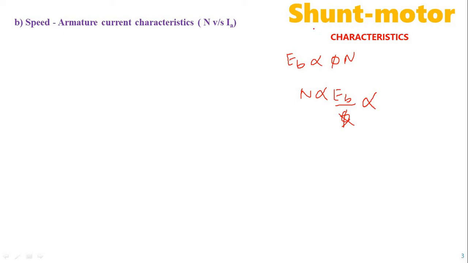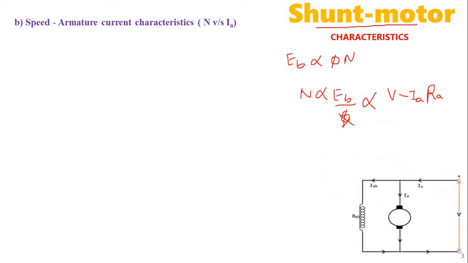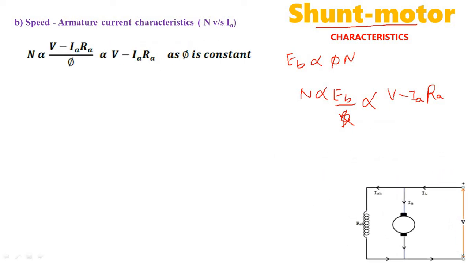Here we are going to discuss shunt DC motor characteristics. The back EMF equation of shunt DC motor is given by V minus Ia into Ra. So N is directly proportional to V minus Ia Ra. That is the speed equation of shunt motor. Now consider when the load increases, armature current also increases.